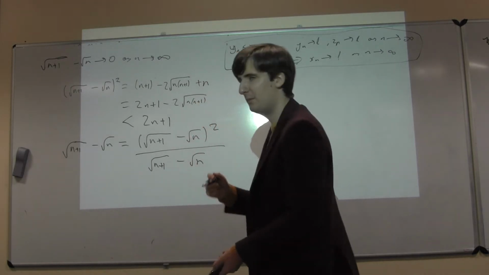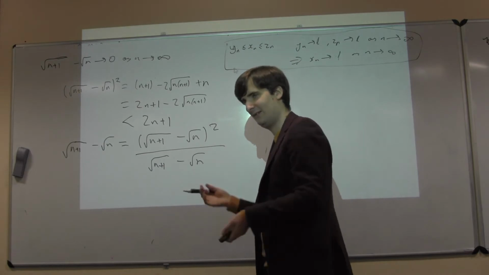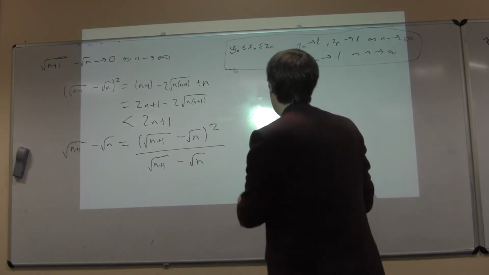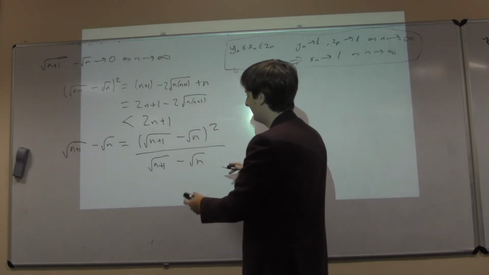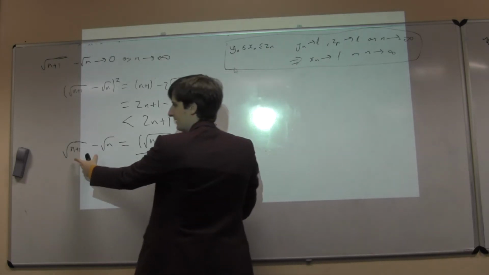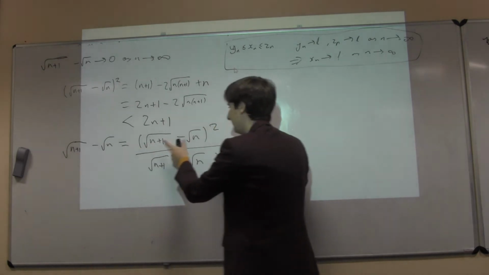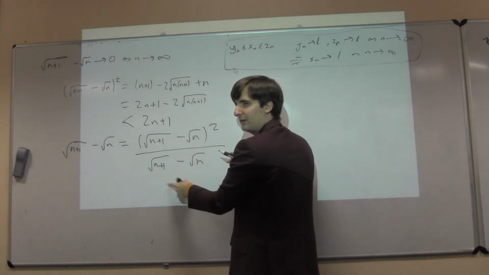The more problems you do, the more of these tricks you learn. I guess it's a long time since I saw this kind of thing. So all we've done is written what we started with as what we started with squared divided by what we started with.